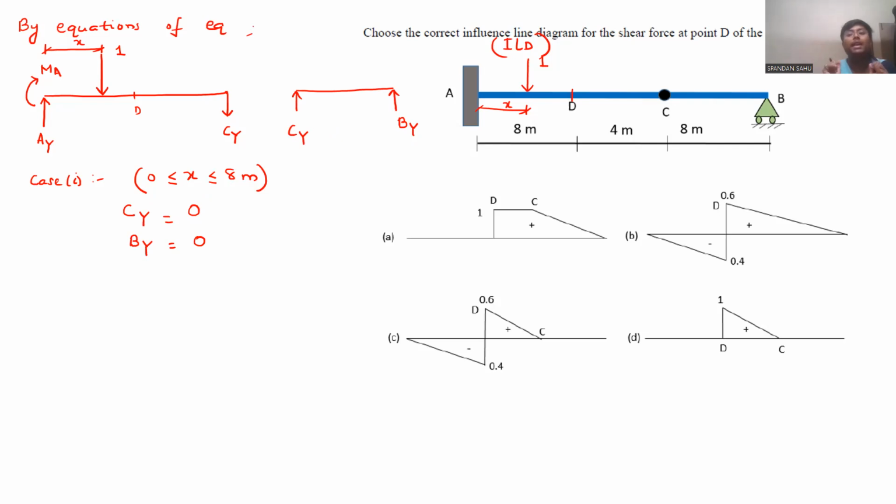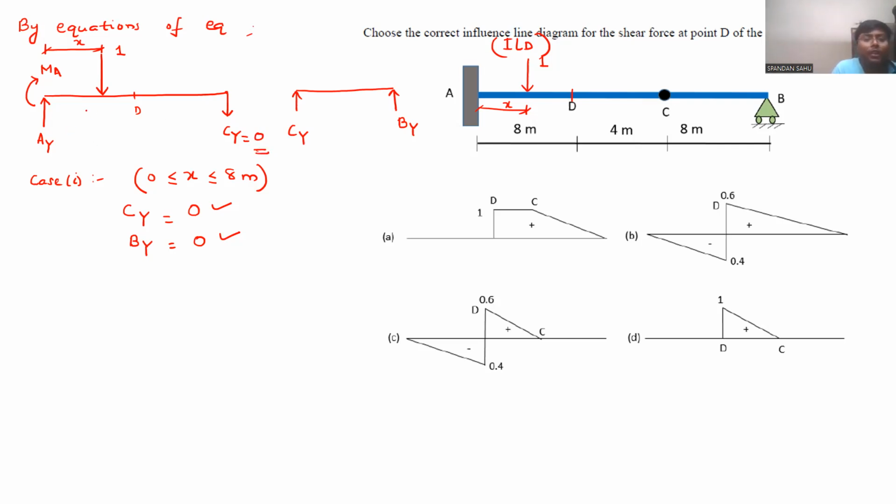So there won't be any reaction. So CY is 0, BY is 0. This CY is the same because shear force at a point just left and just right will be same. So CY is 0 here.